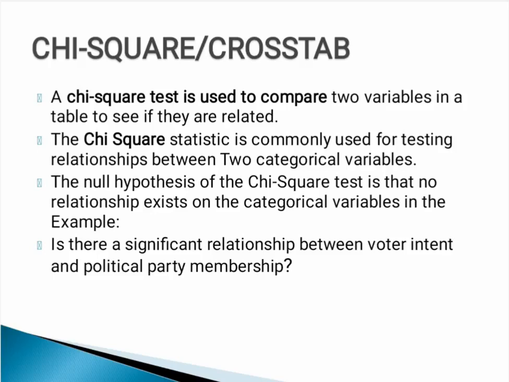And remember that these two categorical variables are independent of each other. They are not depending on each other. So after the test we will see if there is any relationship among them or not.